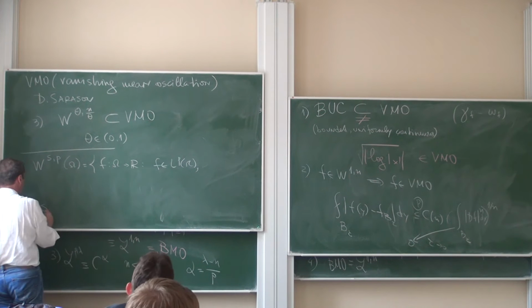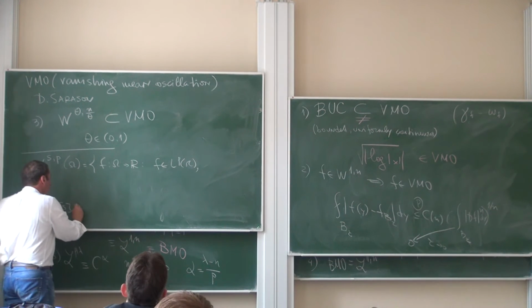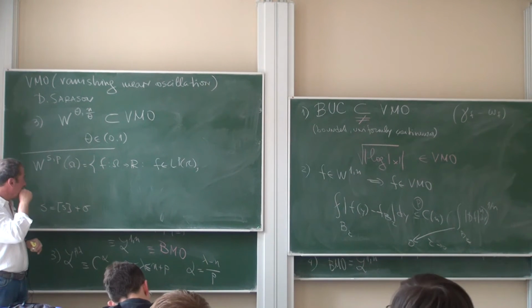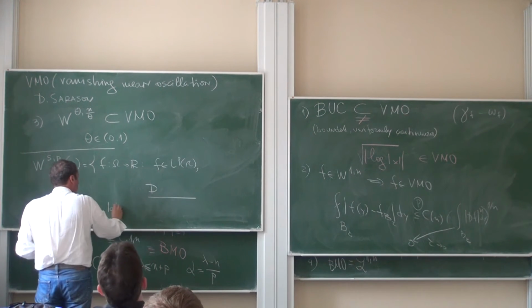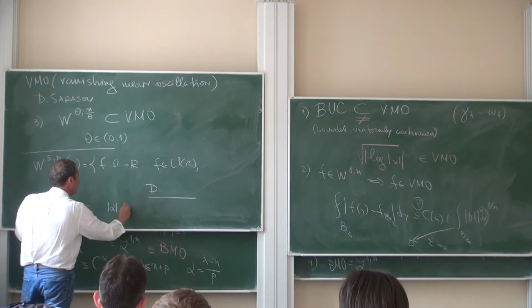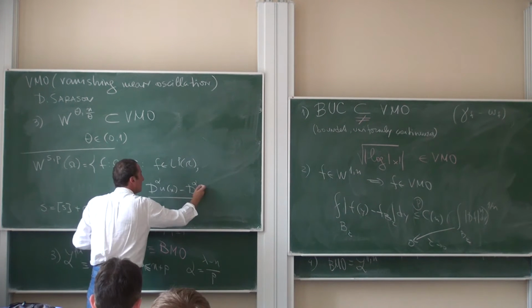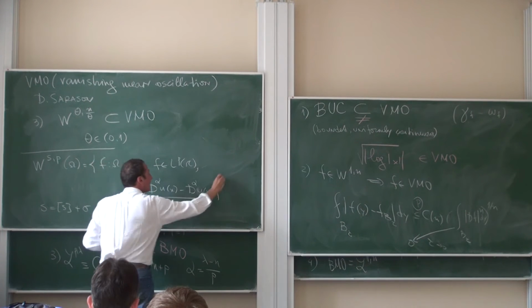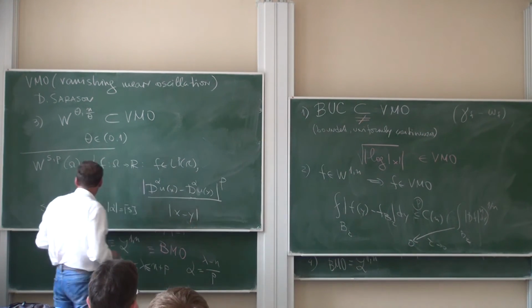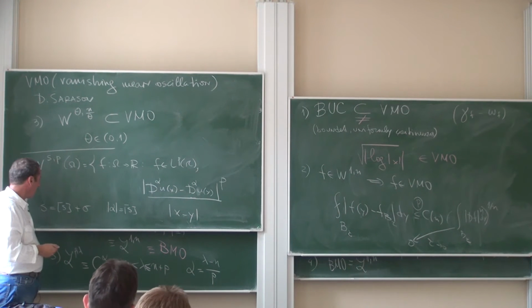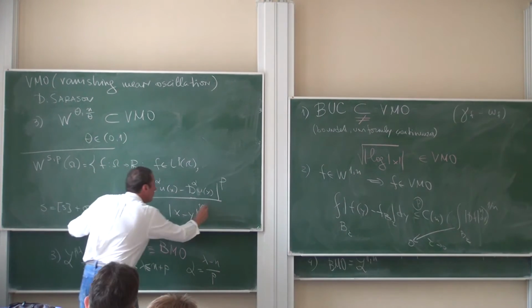So first of all, I will have to write s as the sum of its whole part, an integer, plus the decimal part sigma. And then, for a multi-index alpha of length the whole part of s, I will have to consider this quantity raised to the power p, the exponent p. Then I will have to divide by |x minus y| raised to the space dimension n plus this decimal part sigma times p.